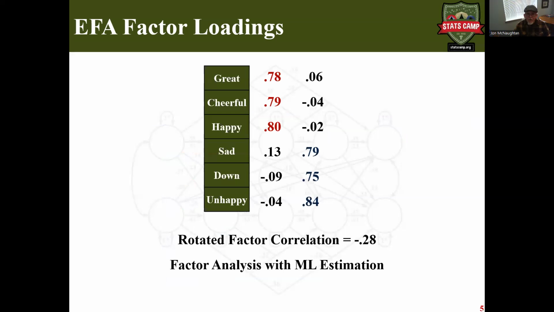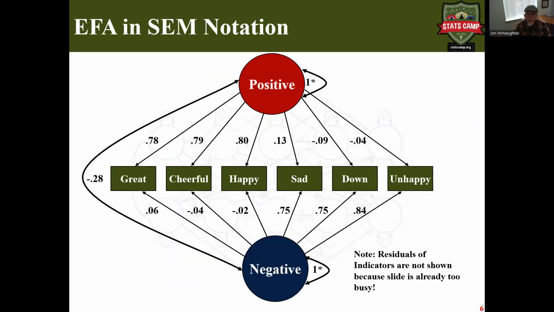So here are the loadings again, and after rotation, I see a negative 0.28 correlation. If I were to draw this out in a typical SEM diagram format, we would have all the items loading on negative affect, all the items loading on positive affect, and then we would draw a line connecting the 2 constructs with their correlation. Now note here that negative 0.28 is not a parameter estimate.